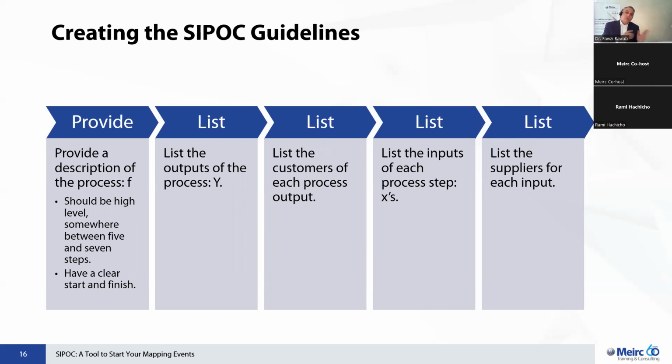Then we go back and identify what we refer to as the inputs or X's, and then we identify the suppliers. So we prefer to do it backwards, just to ensure that when we go back, we are capturing all the outputs and then we're going back to the inputs.